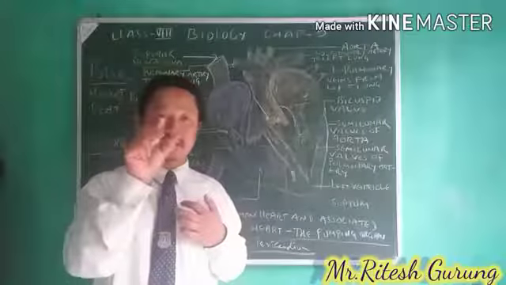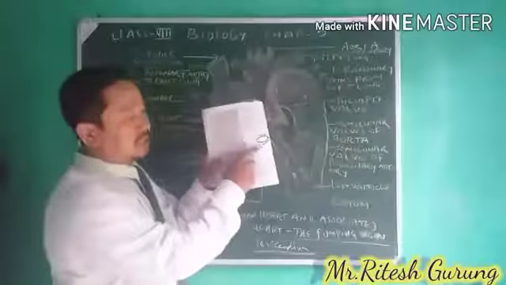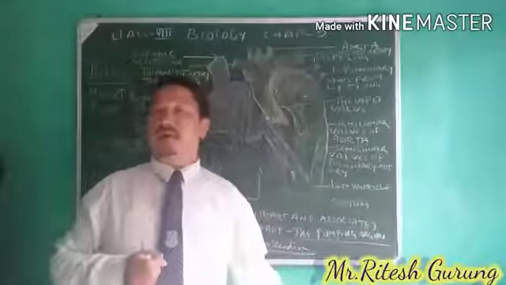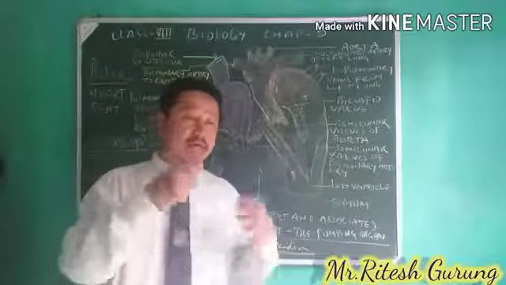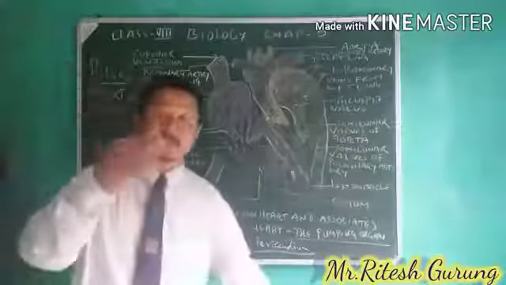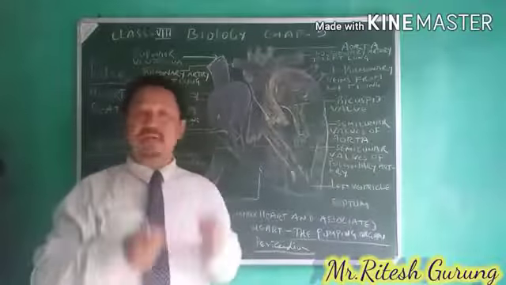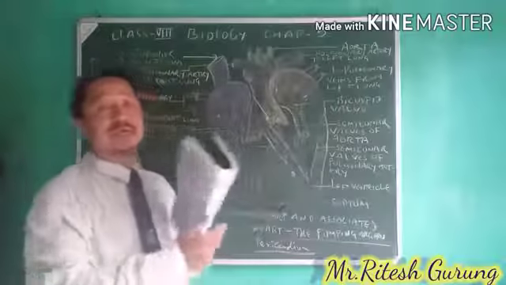The chest piece, as you see here in the book also, is put on the chest, and the heartbeat is heard. This stethoscope is an instrument that amplifies the sound of the heartbeat so that it can be clearly heard. So this is how the stethoscope is used.